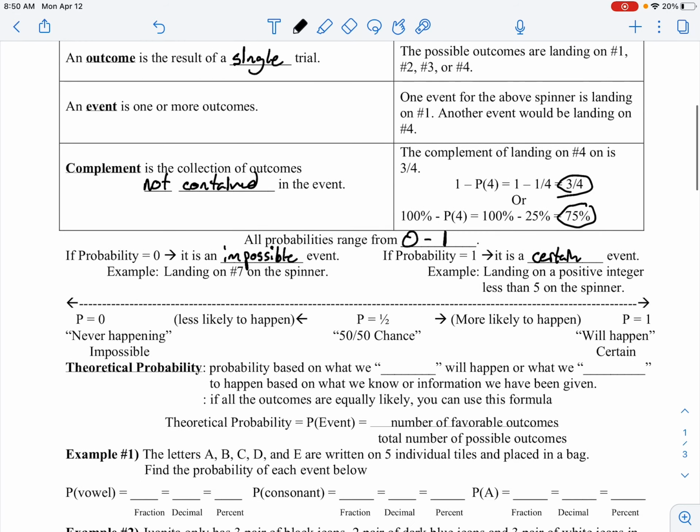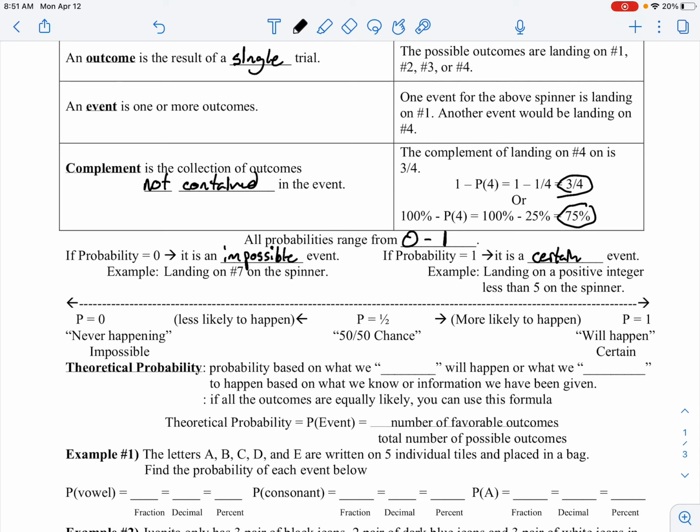Alright, so now we have our big old number line here with things that we use to describe probabilities. So, probability 0, we said never happening or impossible. If the probability is 1/2, we call that an equal chance or a 50-50 chance. And then p equals 1, probability of 100% or 1 is certain to happen.